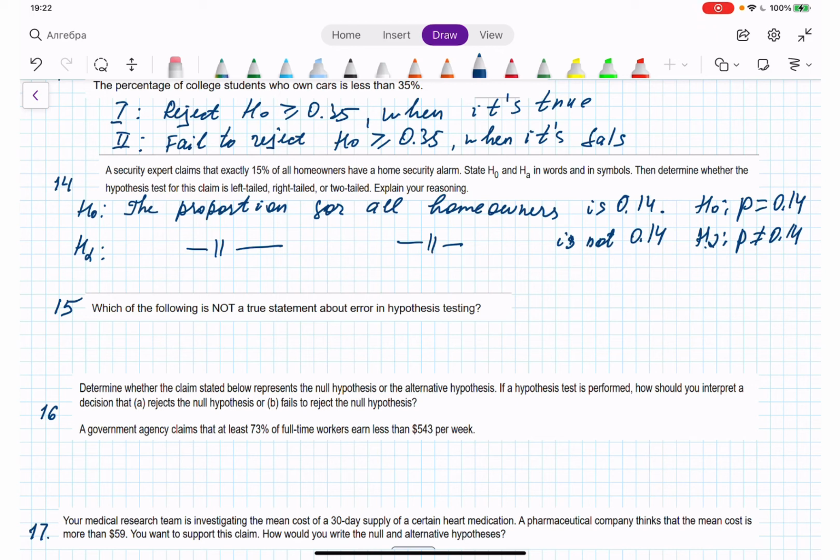A type 1 error is making the mistake of rejecting the null hypothesis when it's actually false.